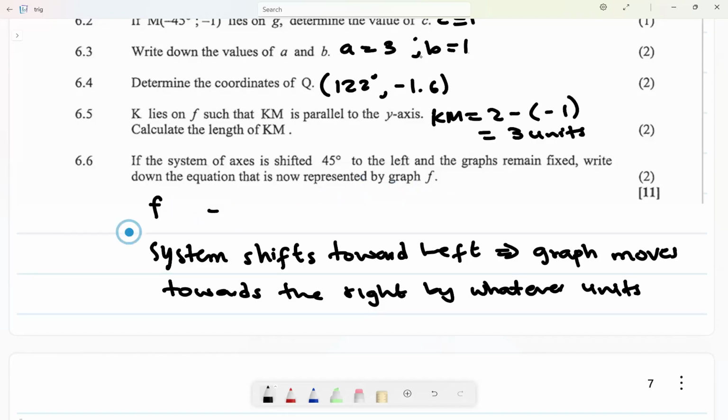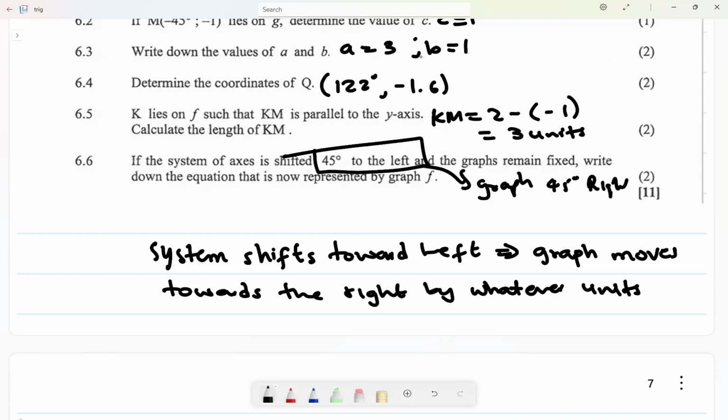So basically, if my line shifts 45 units towards the left, my graph does not shift. The graph will remain the same, but it will act like my graph shifted 45 units towards the right. If the axis shifted right, it will look like my graph shifted towards the left.